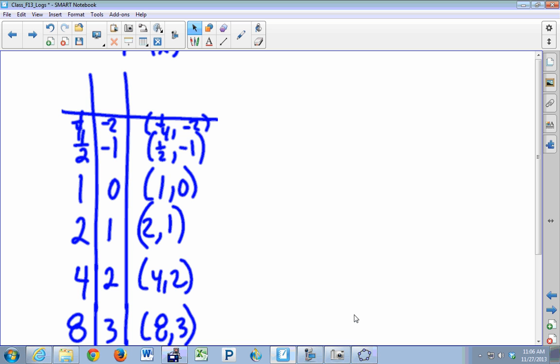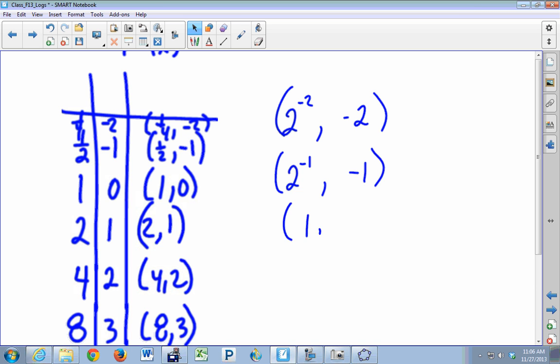Okay. So what I want to do, folks, is I want to play a little game with you. I want to write these as 2 to a power instead of, we simplified each of these. So 1/4, remember, was 2 to the negative 2, and the answer was negative 2. That's the point we plotted. 1/2 was 2 to the negative 1, and that was its partner, negative 1.